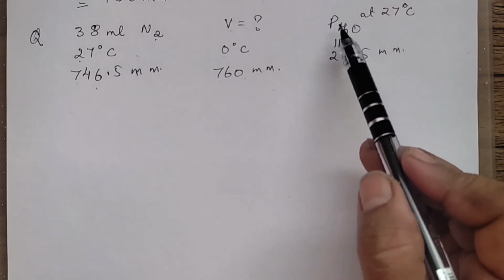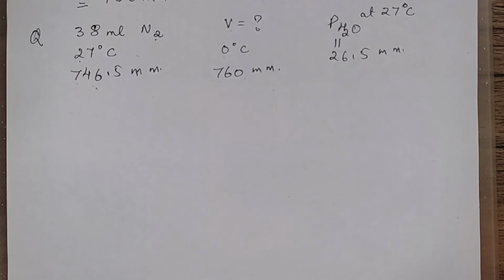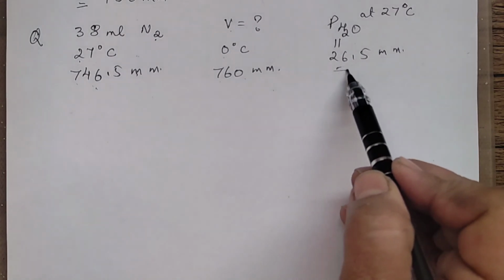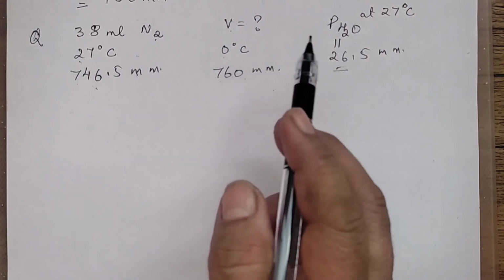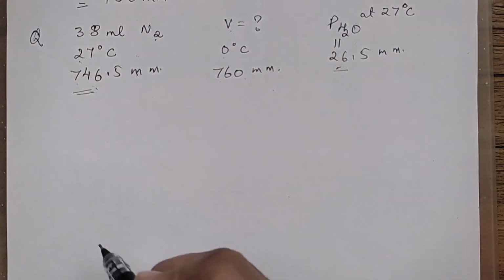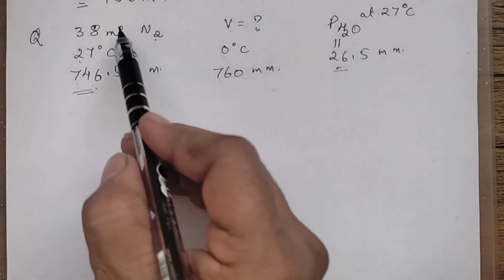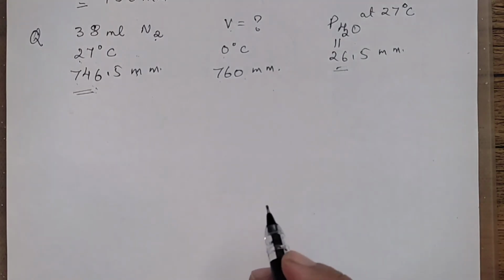Aqueous tension, or partial pressure of water, is given at 27 degrees Celsius as this. That means this pressure is the pressure of a moist gas. Okay, this be one condition, this you make it as another condition.